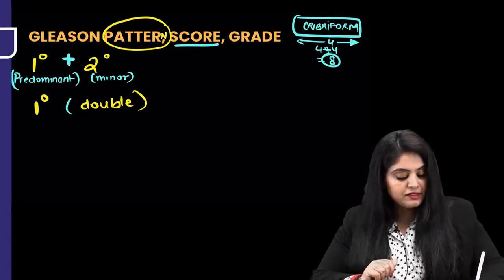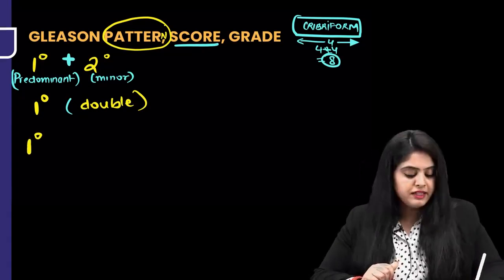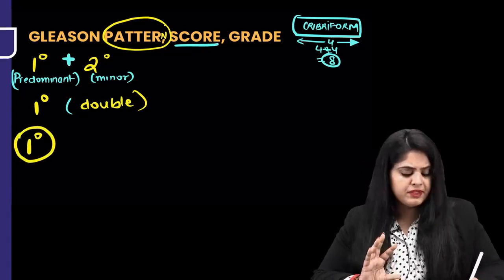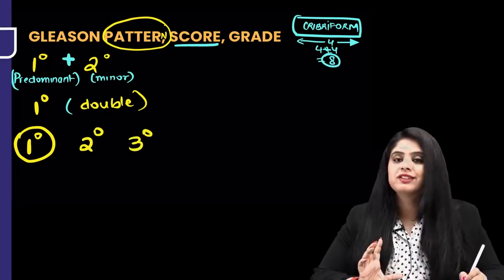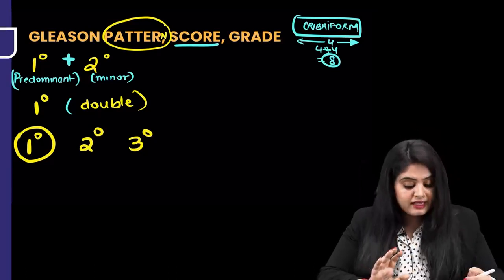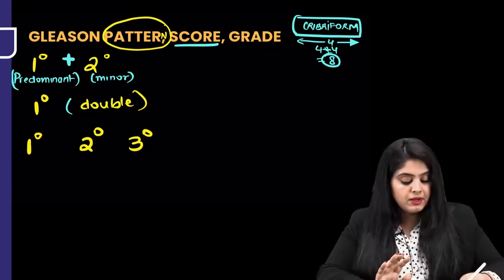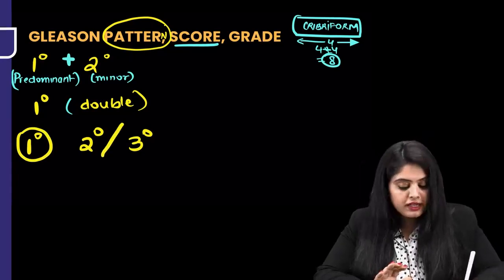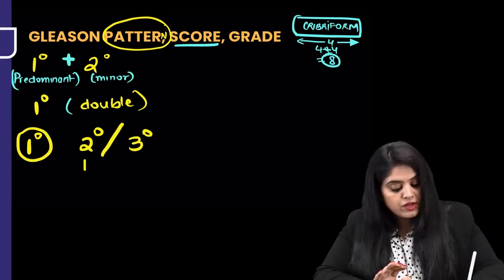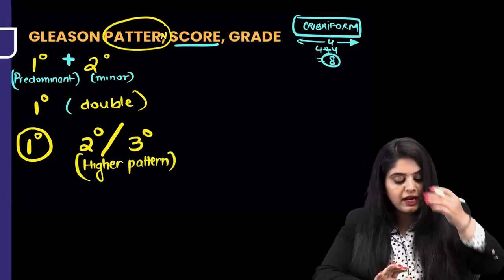The problem arises when there are 3 patterns. They say 80% something is visible, then 15% something else is visible, 5% something else is visible. So when there are 3 patterns, that is when I have a confusion. So remember, primary you will have to consider. Out of secondary and tertiary, whichever is the higher grade or the higher pattern, you are gonna pick that up. So I'll give you a hint for that also.